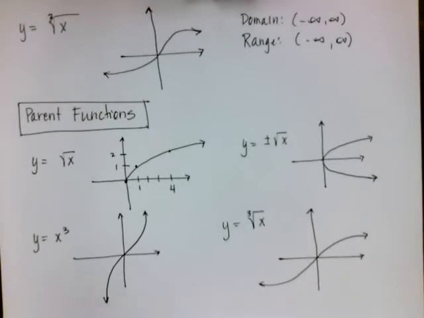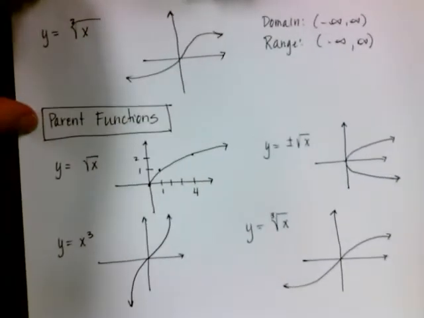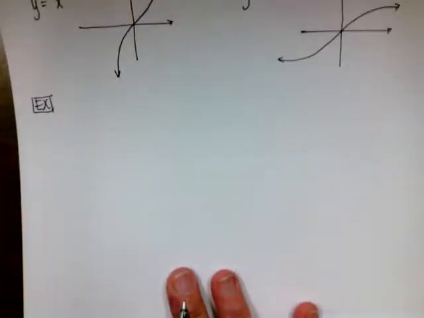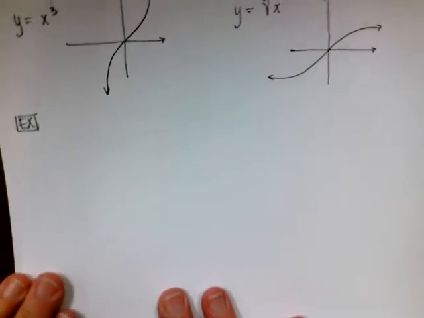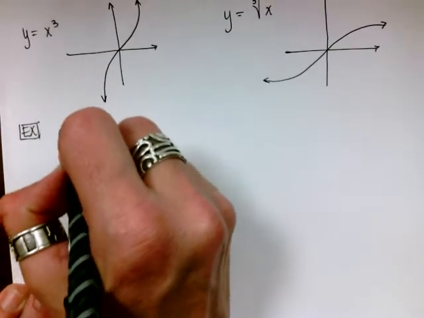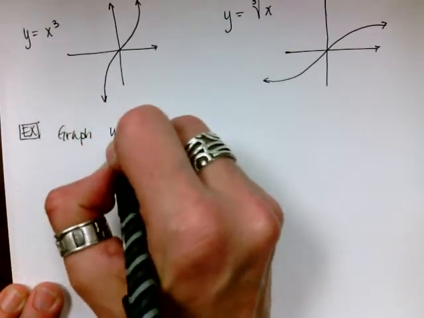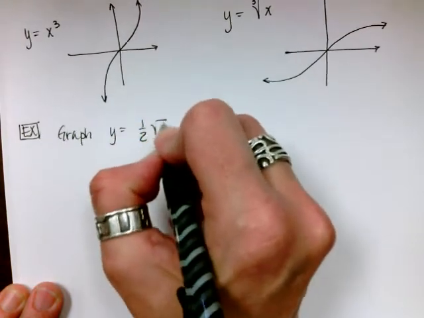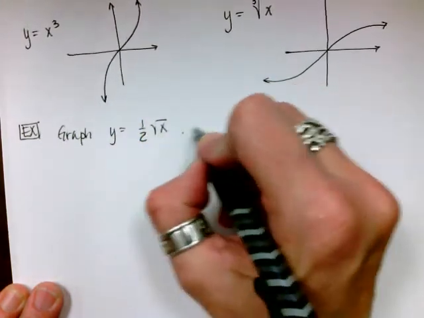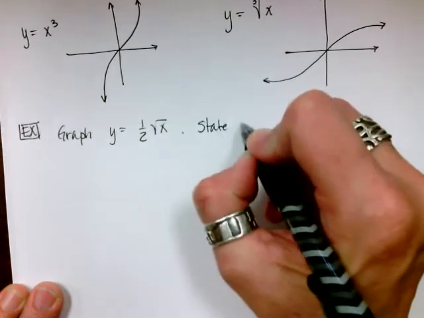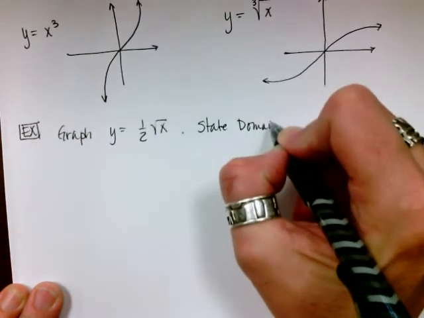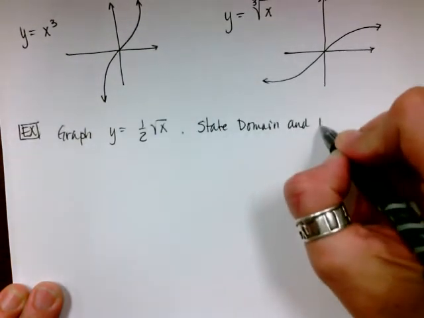All right, so now I'm going to do a couple of examples for you, okay, except you can't see them. So it's helpful if you can see the examples that I'm going to do, okay? So my first example, I want to graph y is equal to 1/2 the square root of x. I want to state the domain and range.